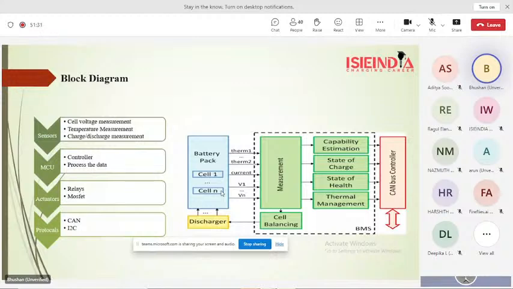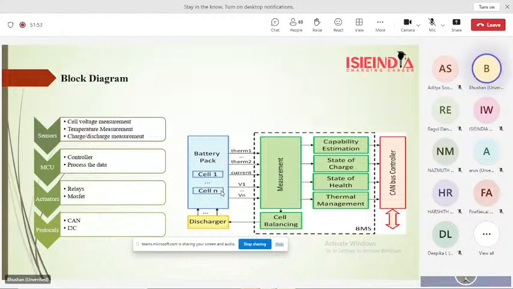So that's why we are using MOSFETs in the BMS. And the CAN protocol is used to communicate with the other systems. We use CAN because it is very robust and very efficient, and it communicates with everything without any disturbances, without clipping the data of the signal.